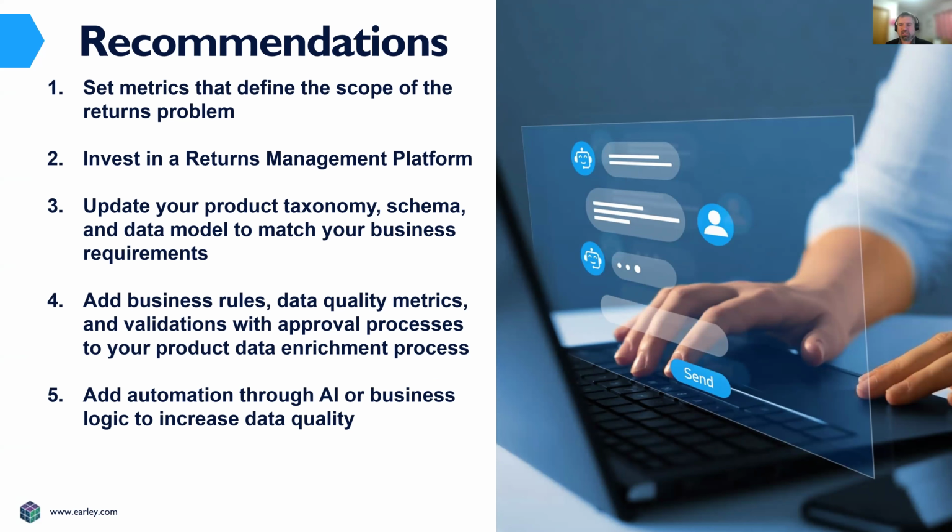Now, you also want to start automating. The last webinar that we did was actually about AI automation and product data. This is important because AI can be scary, but done properly, AI can actually increase your speed to market, and it also tends to be more accurate because it does a better job of normalization.